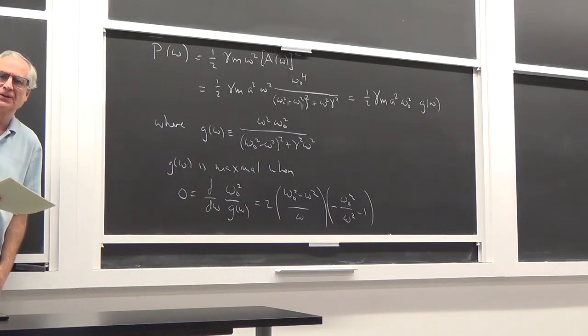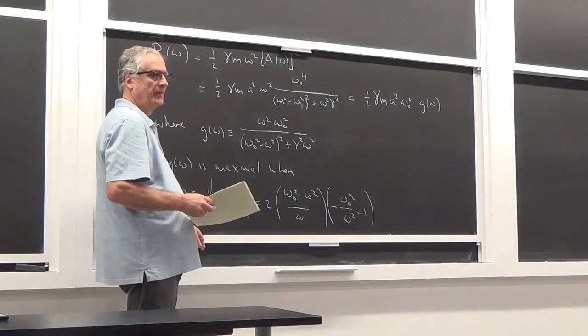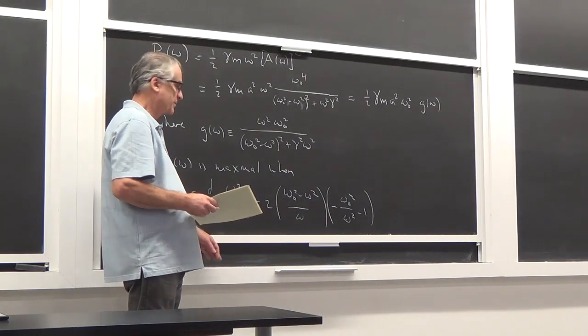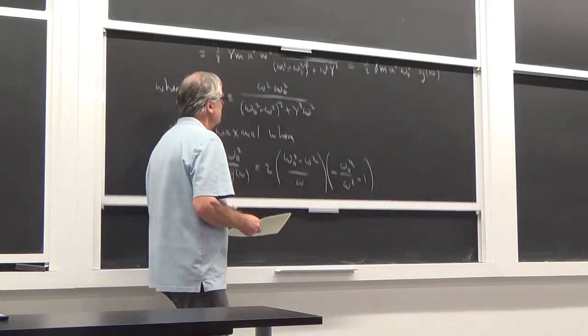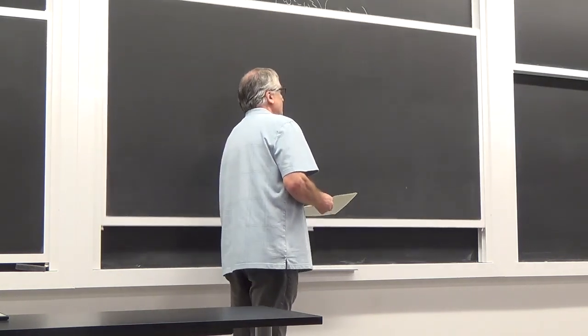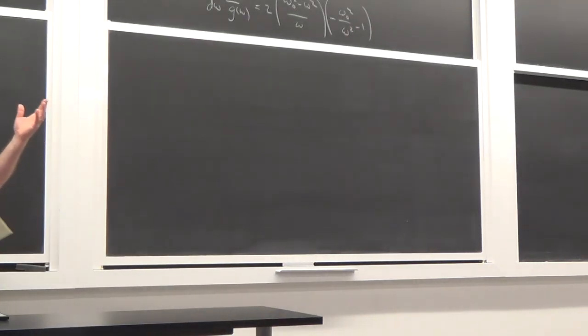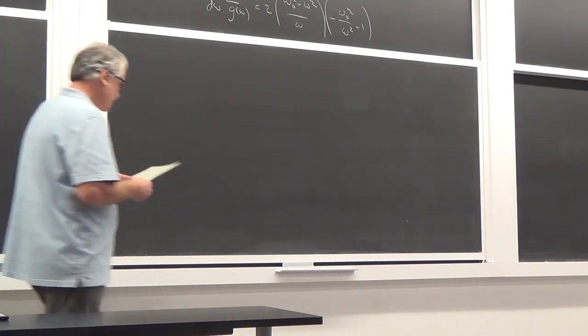So here we find that the peak is, well, it's a quartic equation in the frequency that I'm saying equal to 0. So there are 4 roots to this equation. The roots are omega equal to plus or minus omega naught and plus or minus i omega naught. Only one of those is a physical frequency, so that's the one I'm going to use.